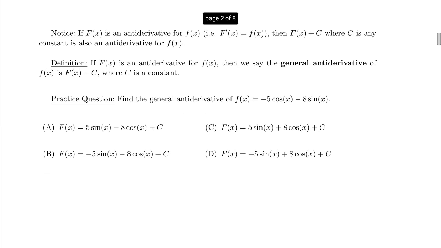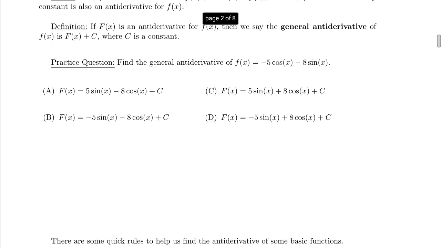So if capital F of x is an antiderivative for little f of x, so that is if capital F prime is equal to little f, then capital F of x plus any constant is also going to be an antiderivative for little f of x. And that's just because when you take its derivative, that constant goes away. So we have a little definition here.